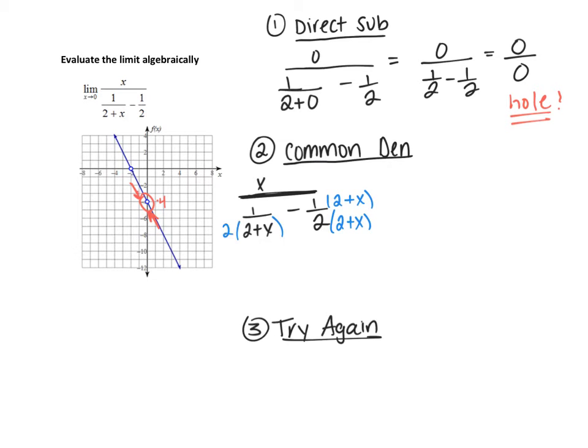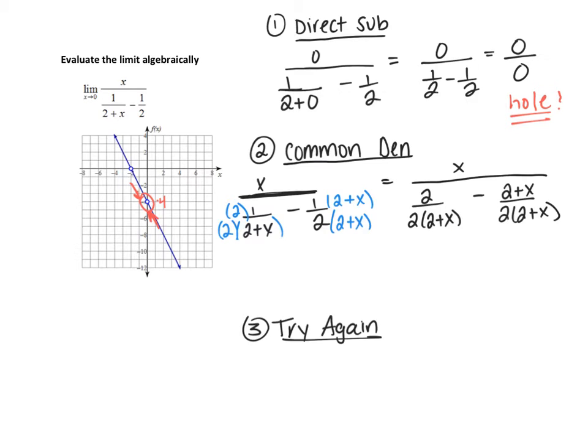And this side needs a 2. So if I want to rewrite this, this still has the x on top, over 2 times 1 is 2, over 2 times 2 plus x, keep that the same, minus 1 times all of this is just 2 plus x, over 2 times 2 plus x.